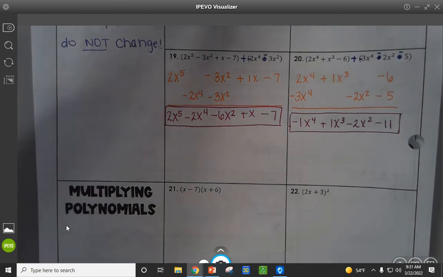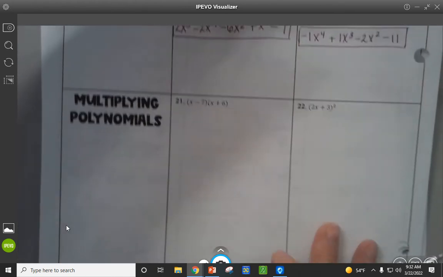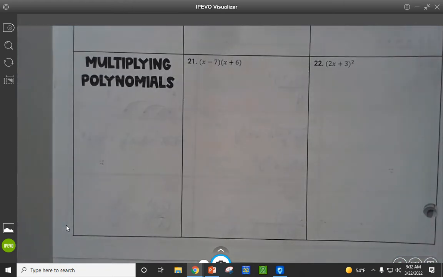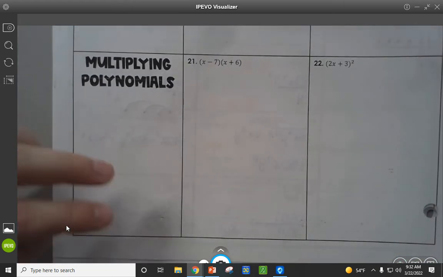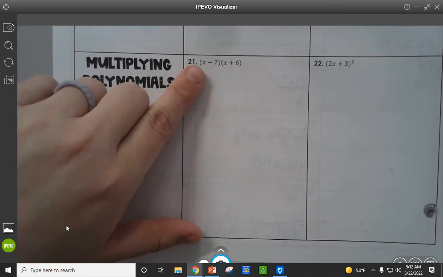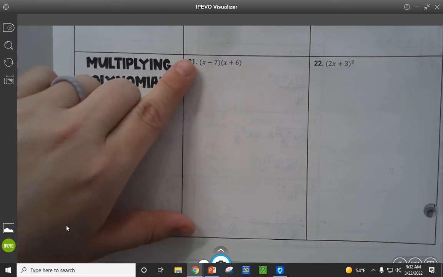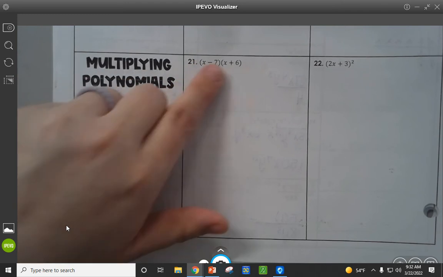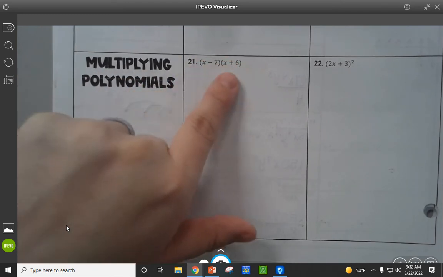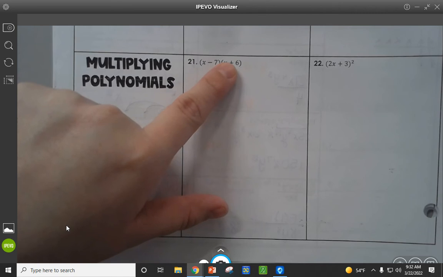Okay. Now, multiplying is a little bit different. So you probably learned FOIL method with multiplying. Do you all remember FOIL? First, outside, inside, last. And FOIL really works for when you have two binomials, so 2 terms and 2 terms.